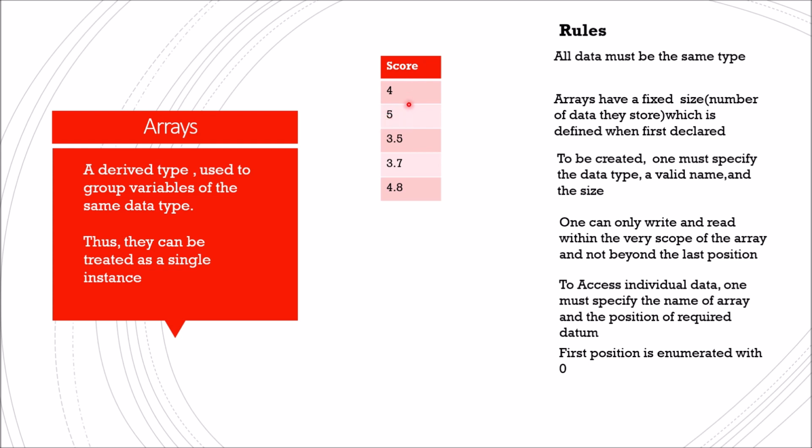I'm going to specify score, which is the name of the array, and the position would be the second position. Another important fact is that the first position is enumerated with 0. So in code, you will refer to the first position as 0. I'm going to use here score and 0 for the first position.